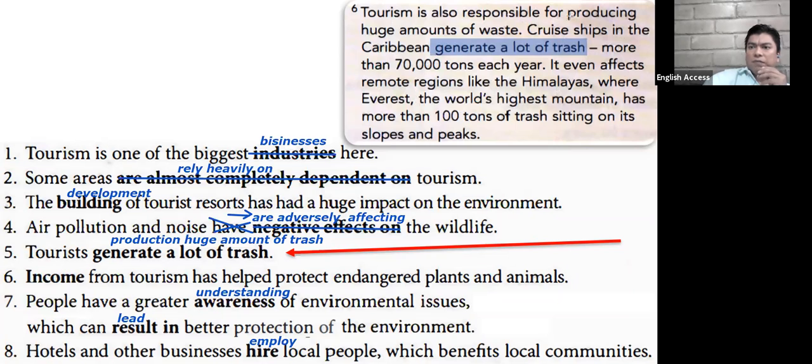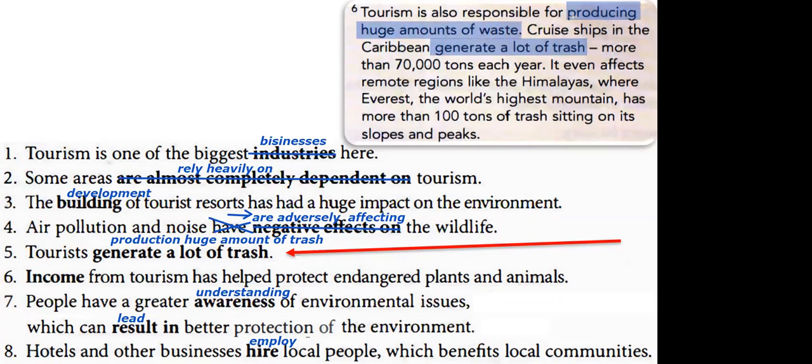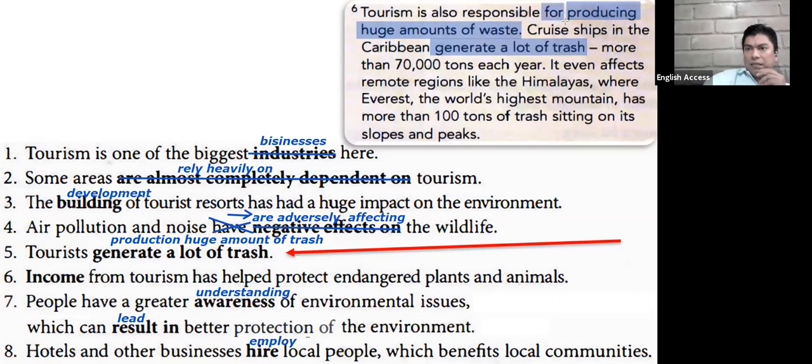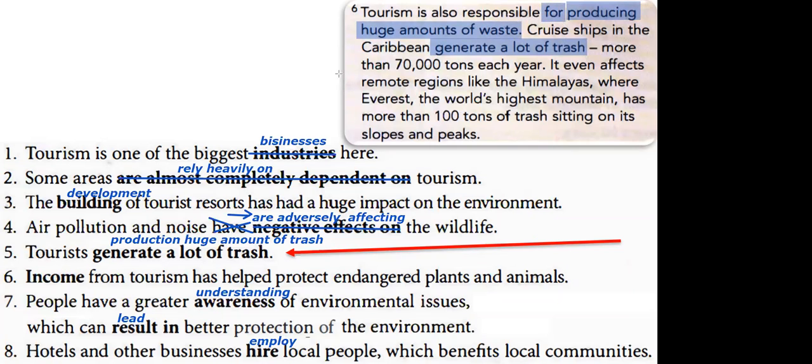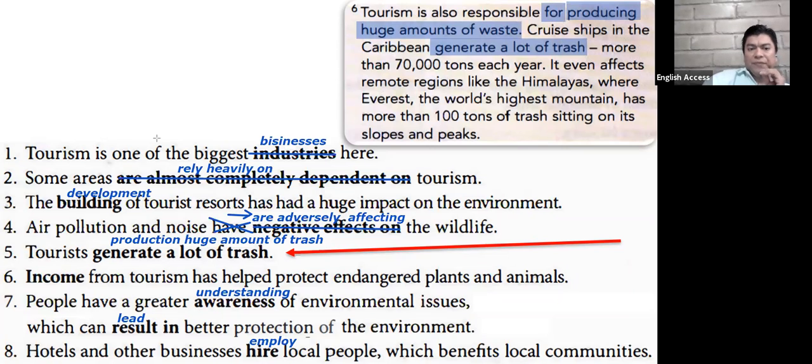Tourism is also responsible for producing huge amounts of waste. Producing. This is a preposition. So, okay, hold on. Let's go one by one.